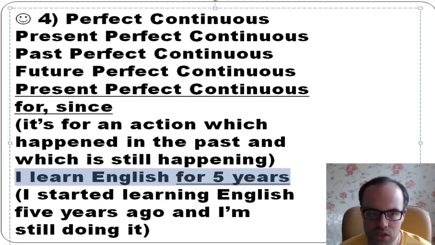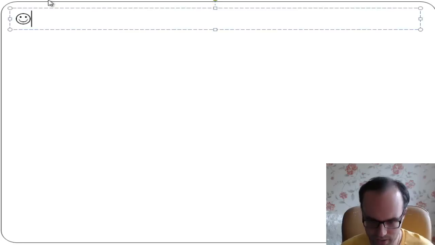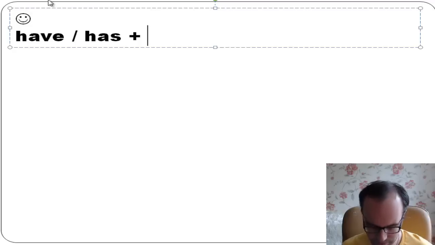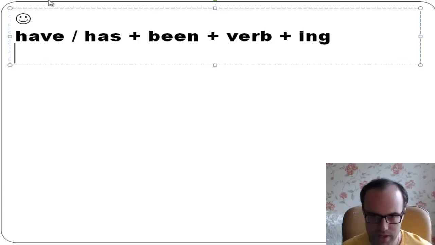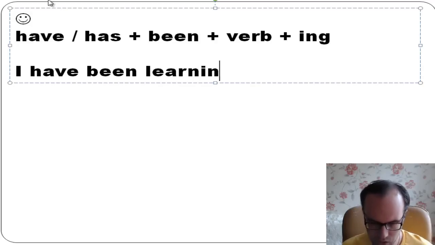But how to form it? It's have or has plus been plus verb plus ing. So I have been learning English.